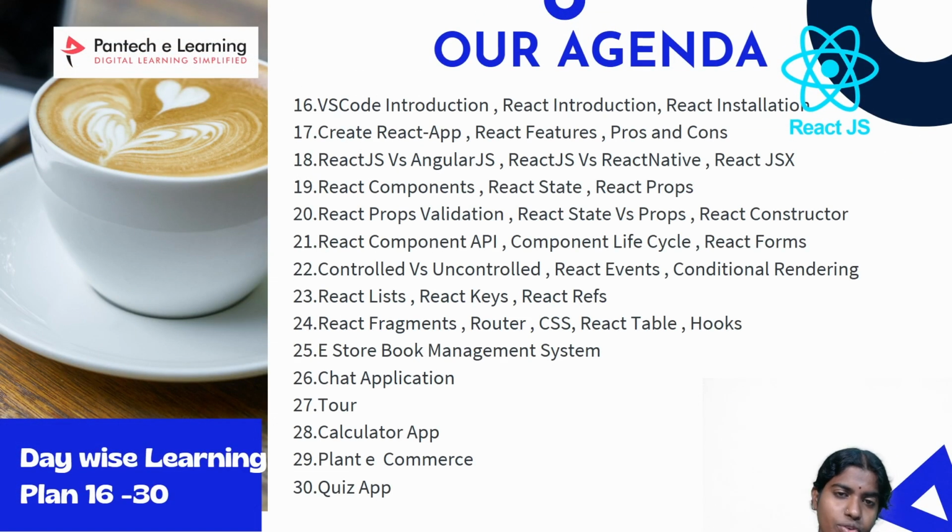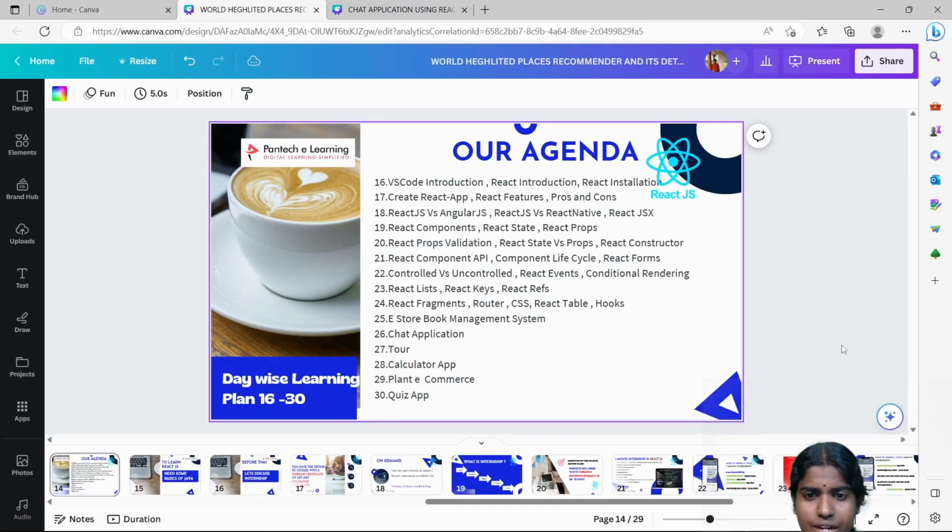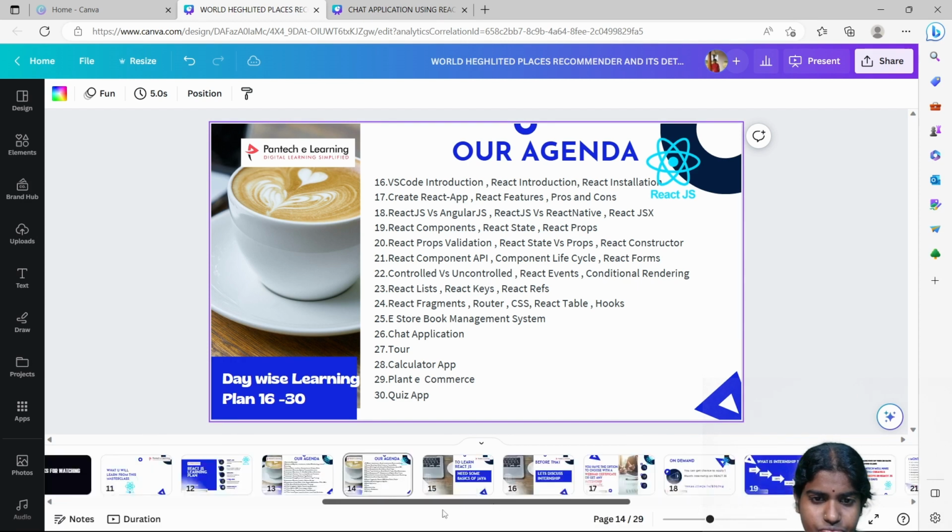And I gave you some introduction to React JavaScript: how to create React.js, what the advantages and disadvantages are, and components. Finally, I am going to discuss how to develop some full stack websites using React JavaScript. This is what we are going to see in this 30 days React.js masterclass.